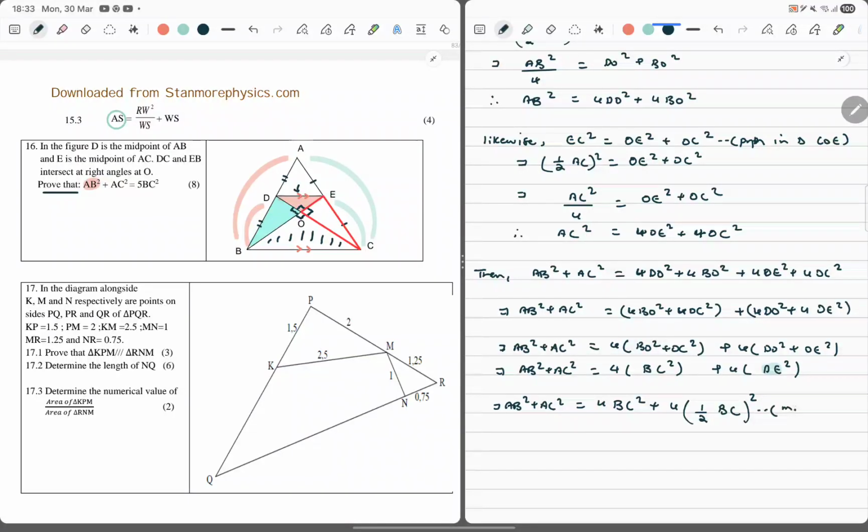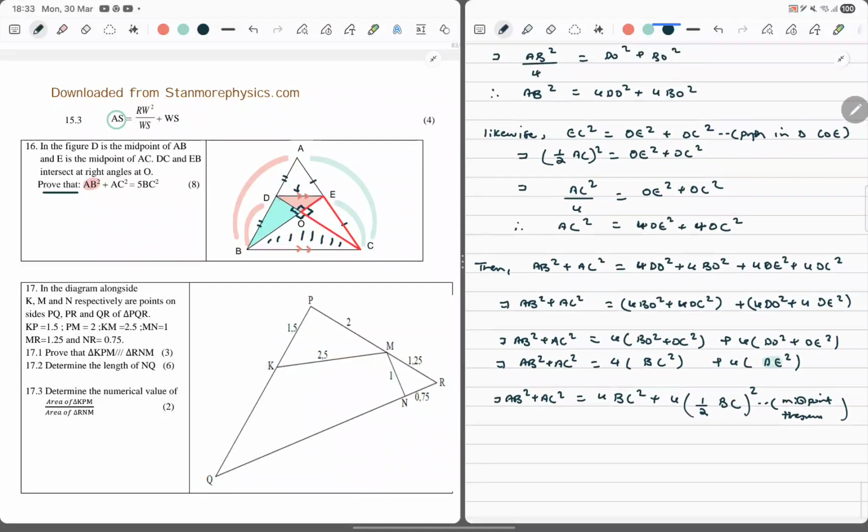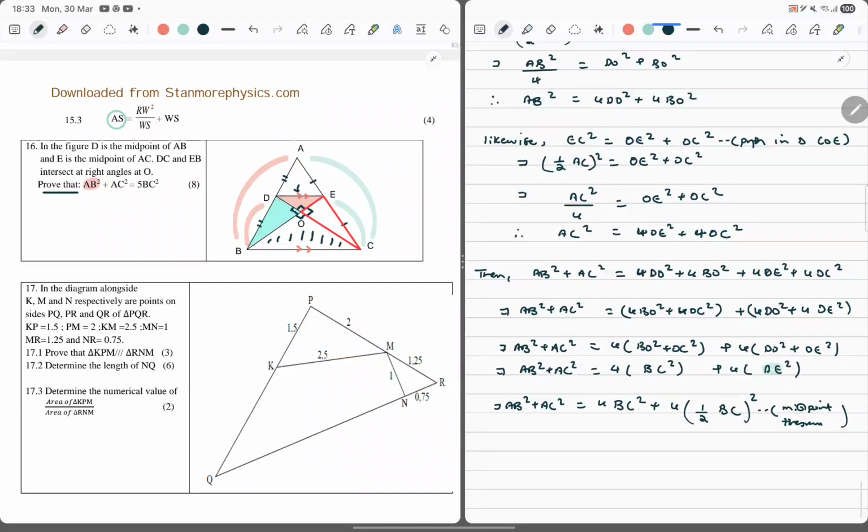And then here we may have to say midpoint theorem. Midpoint theorem, guys. Let's not say a lot. It's the midpoint theorem. And then we go on.